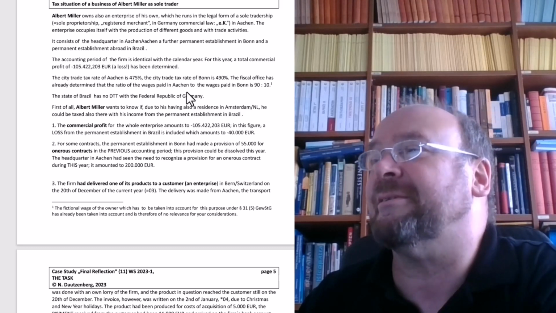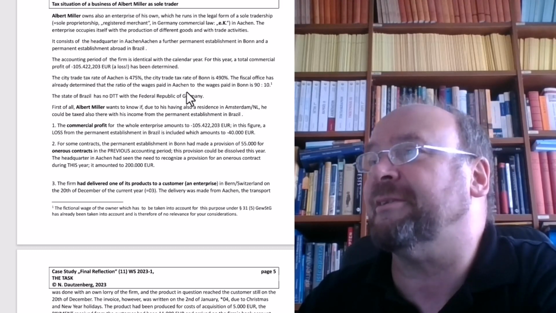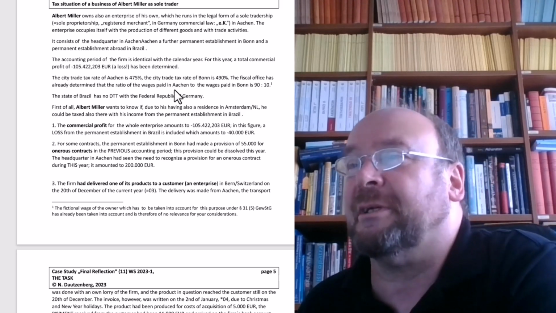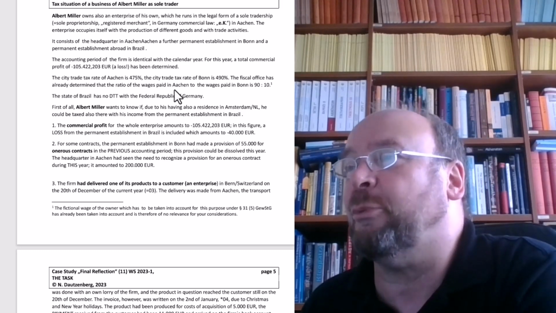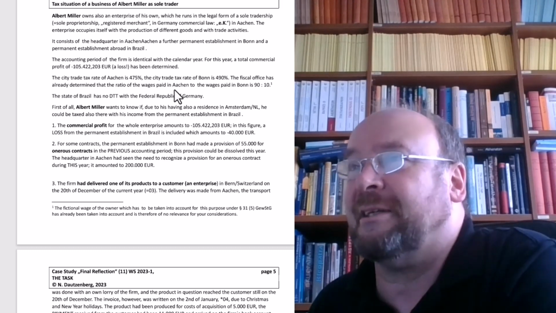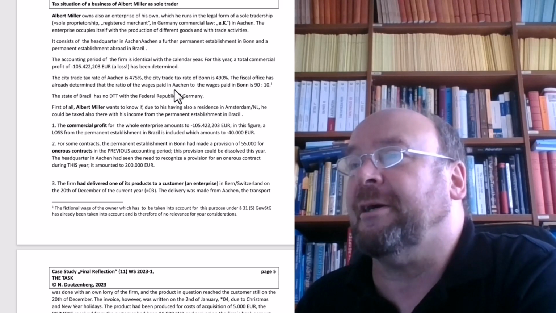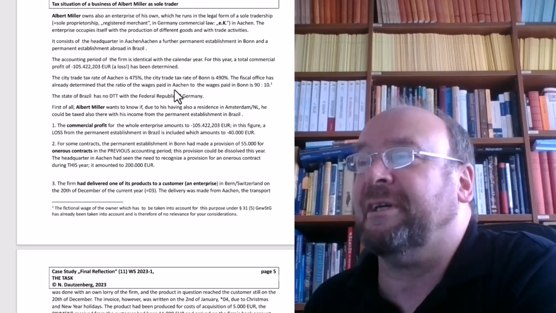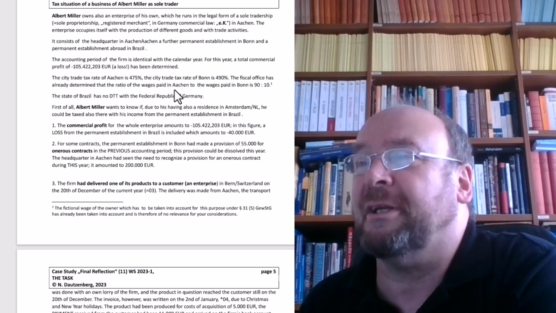The city trade tax rate of Bonn is 490%. And the fiscal office has already determined that the ratio of the wages paid in Aachen to the wages paid in Bonn is 90 to 10. The state of Brazil has no double taxation treaty with the Federal Republic of Germany.